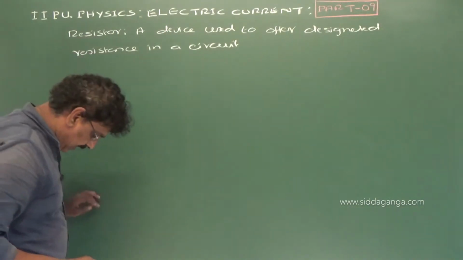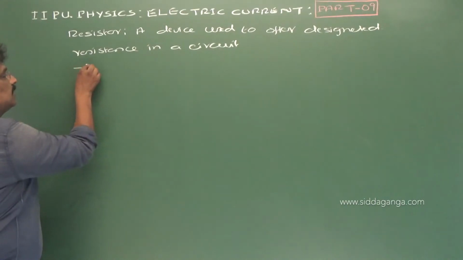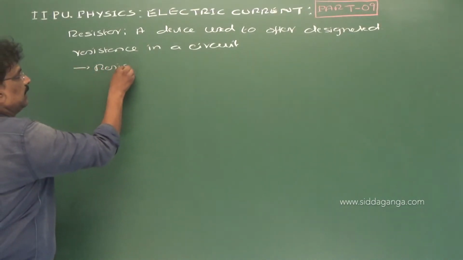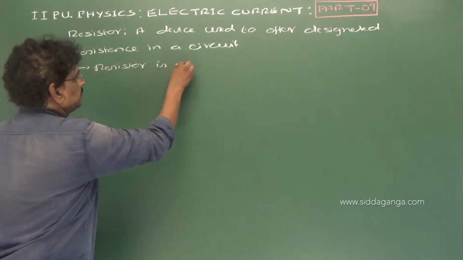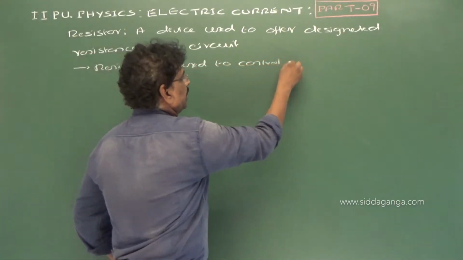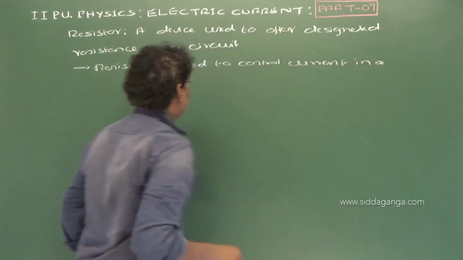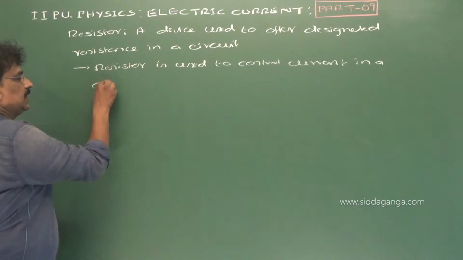It may be an electrical circuit or an electronic circuit, or in other words, a resistor is used to control current in a circuit.